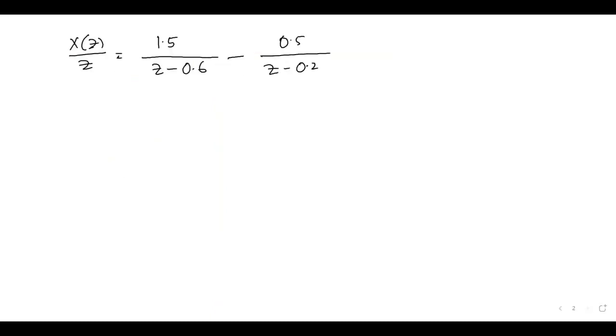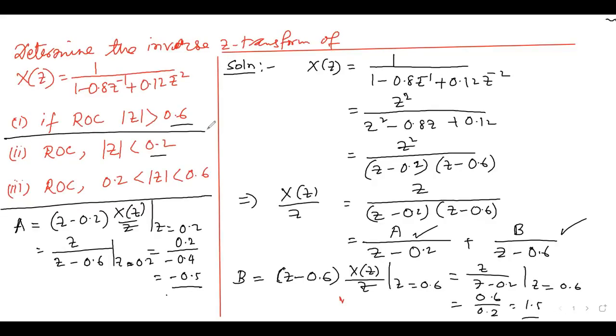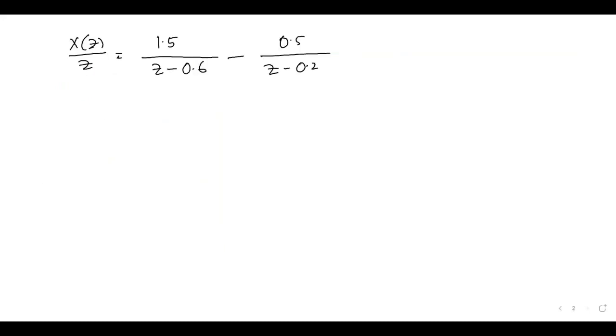Now for the first section here, ROC is |z| greater than 0.6.